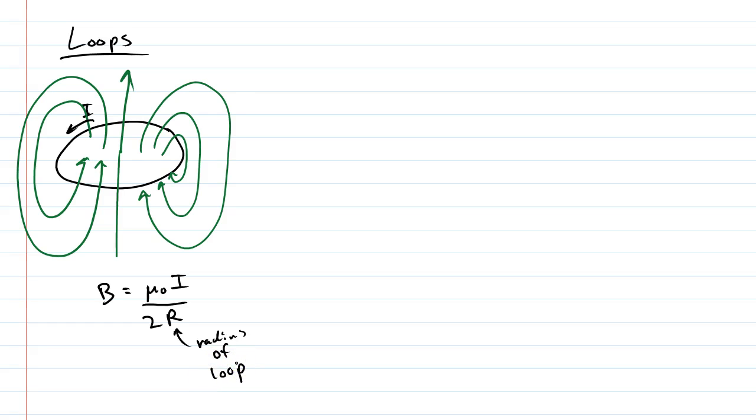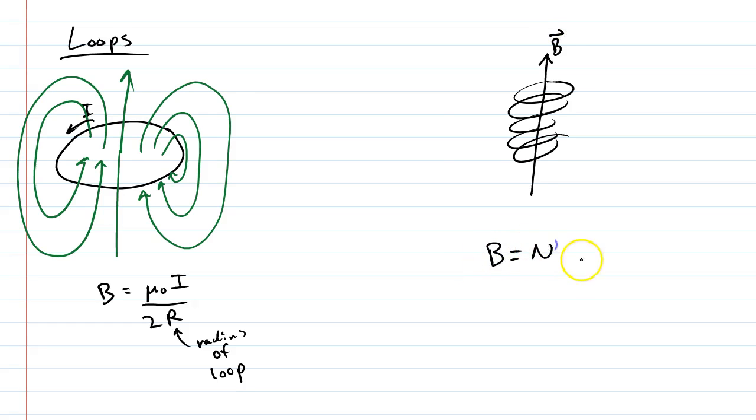Now for solenoids, if you have many loops consecutively like this, you're still able to figure out the magnetic field right in the center, and it's a little different still. It's n, the number of loops, times the permeability of free space times the current, all over the length.